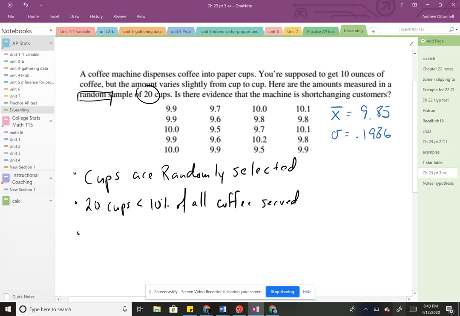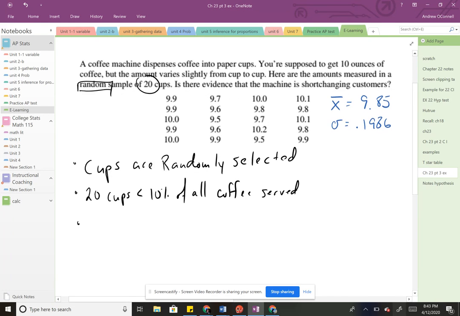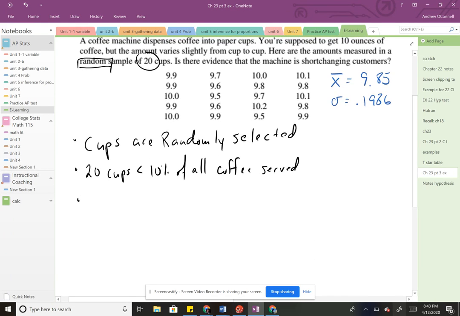Now, in the past, you'd have to prove that this is a nearly normal condition. But I'll tell you that with the restrictions on this year's AP, you can just say, I'm assuming it comes from a nearly normal population.